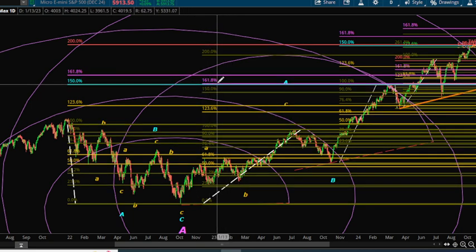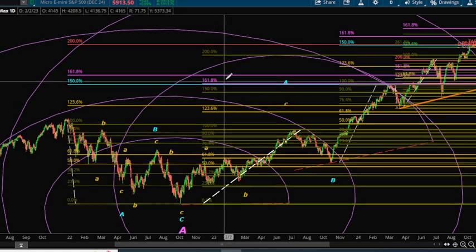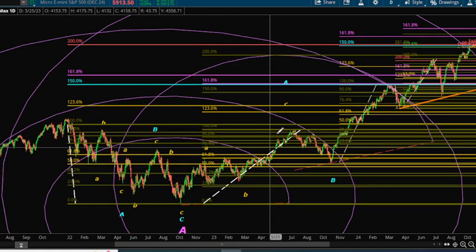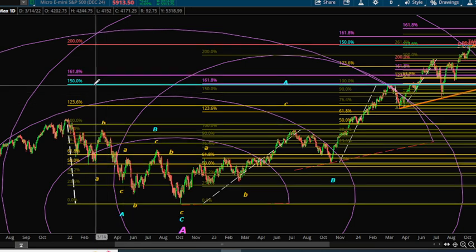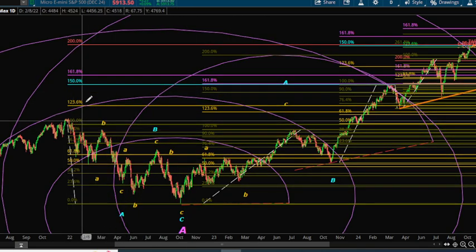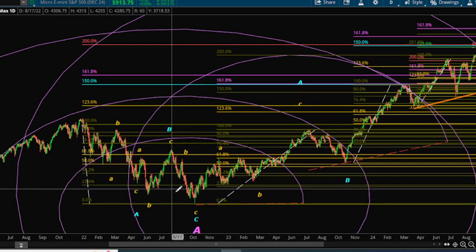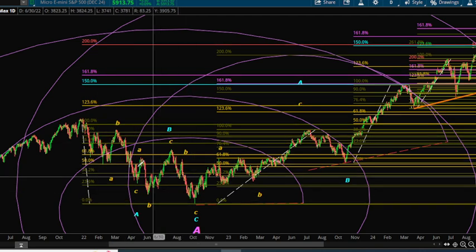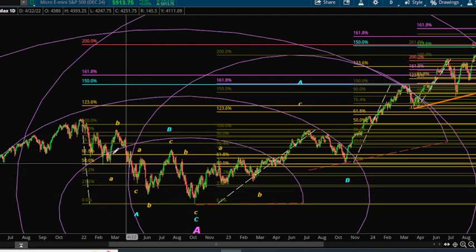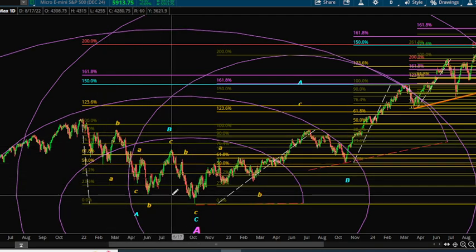Not only did it act on the 161.8 of this measurement of this leg, it reacted to the 150, this one in blue right here, from the measurement of our first bigger cycle A, this whole start of the correction, which is the grand supercycle that I have labeled.